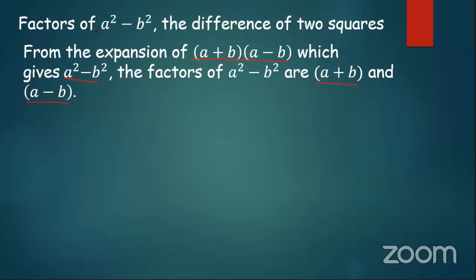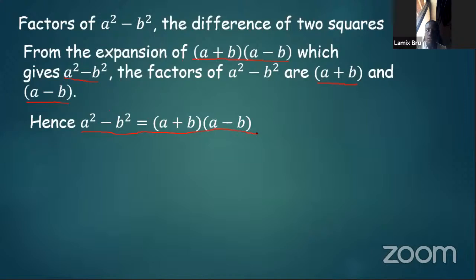So meaning if we had to factorize a squared minus b squared, our factors are going to be a plus b and a minus b. So we are saying hence a squared minus b squared can be factorized as a plus b into a minus b.